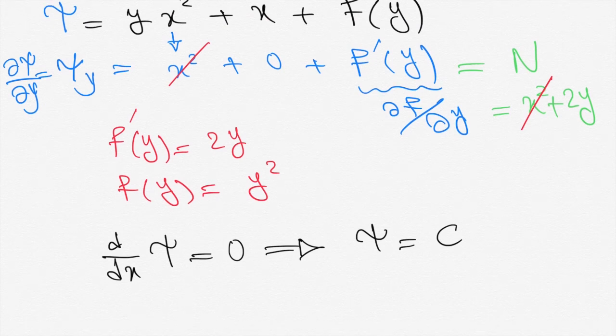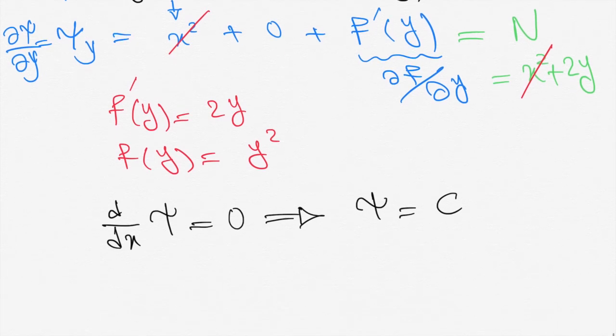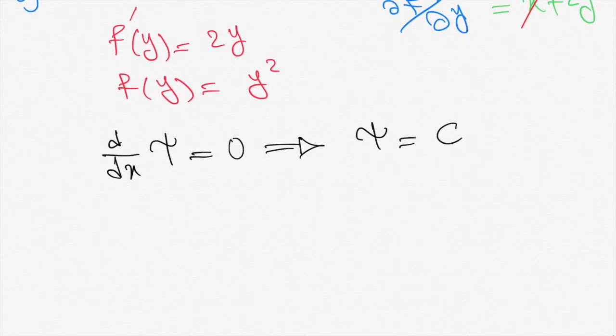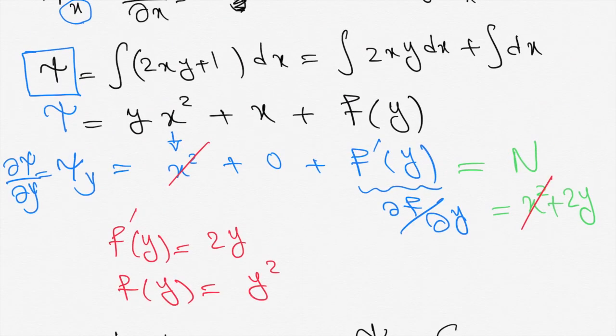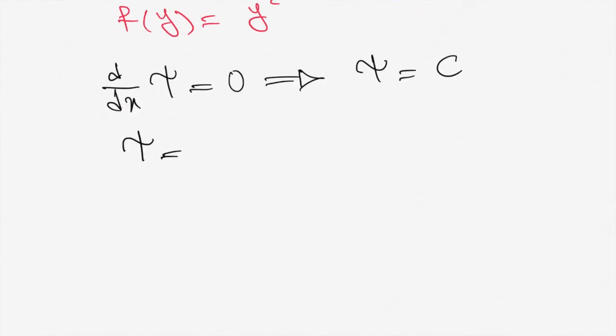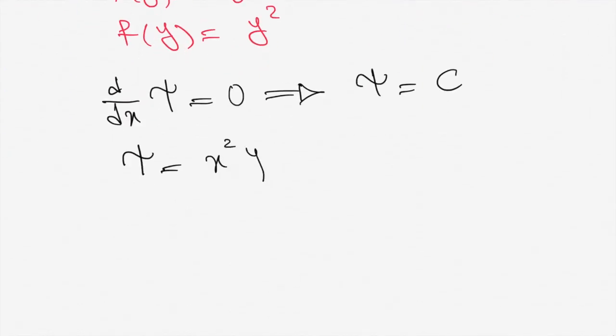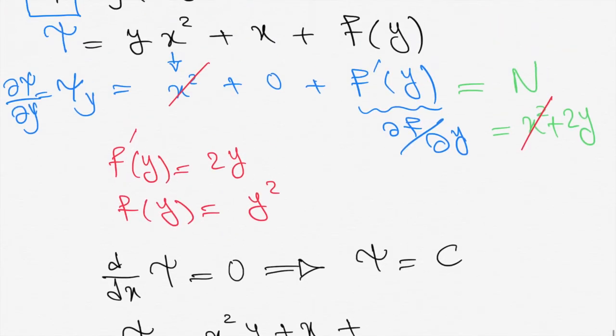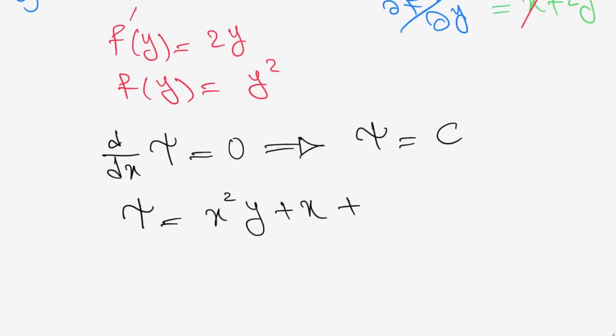So we just say that this is constant, and here we found out that xi is equal to x²y plus x plus f of y, right? What is the f of y? y².